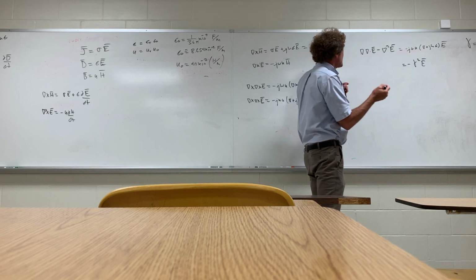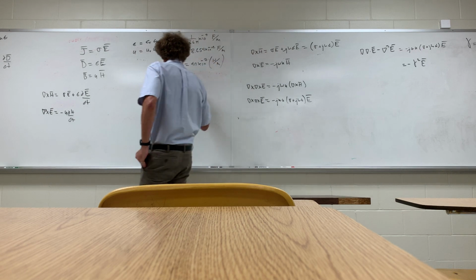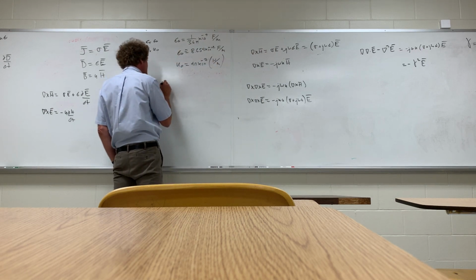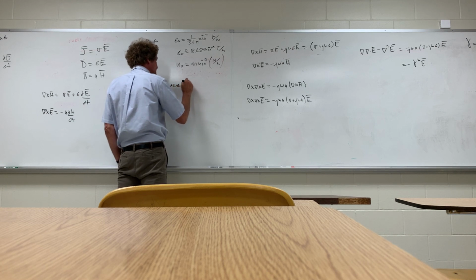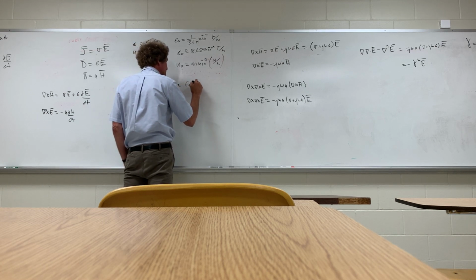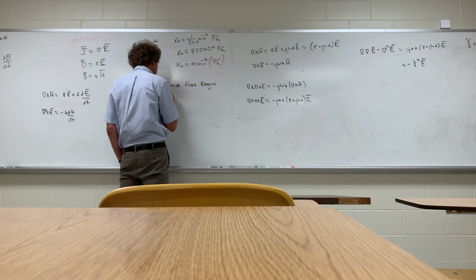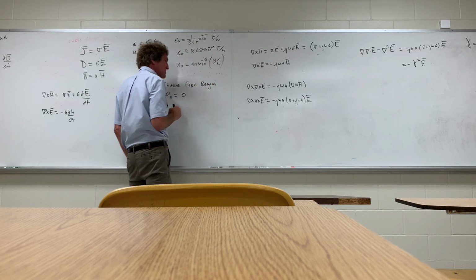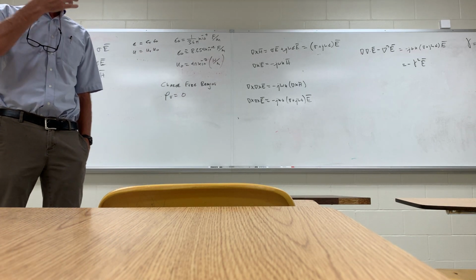Now, on this side, the next thing I do is assume the region is charge-free. So when we solve this, we have a charge-free region. By that, I mean rho v is equal to 0. That's pretty much true in the atmosphere.